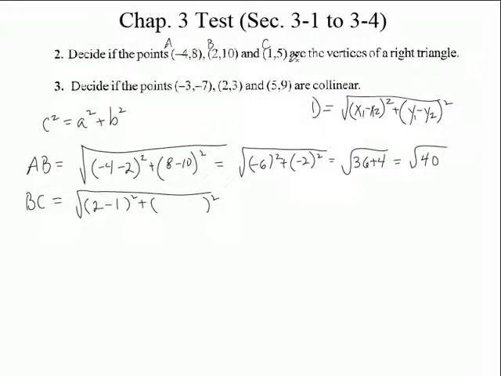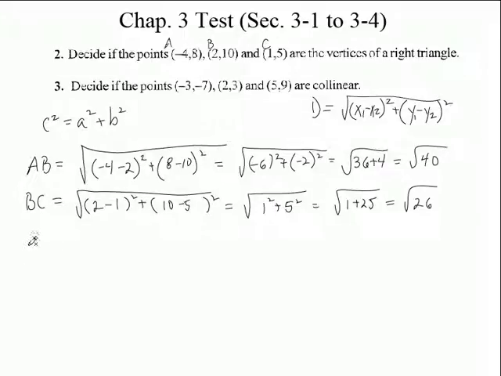My y's are 10 and 5, so I go 10 minus 5. Let's figure out what that is. Square root. That's 1 squared, and this is 5 squared. That's 1 plus 25, and that would be the square root of 26. Alright, that's BC.